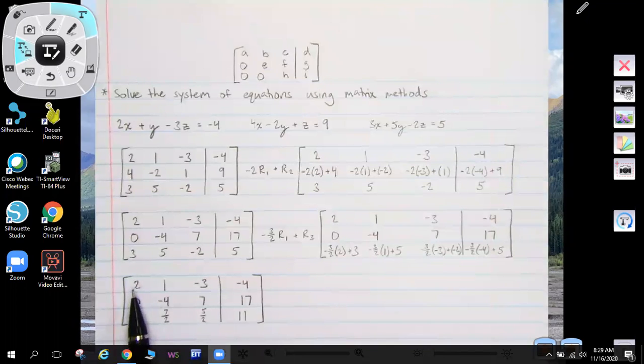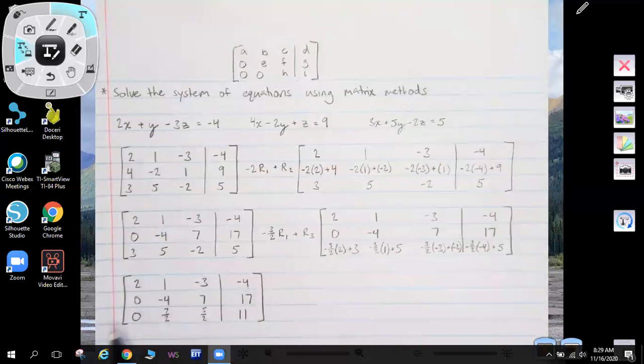What we don't want to do is use the first row, because if we use the first row and add it to the third row, no matter what we do, this 0 will end up changing back to a number, and we don't want that to happen. But since there's a 0 in that spot in the second row, if we use the second row to change this number, that 0 remains the same.